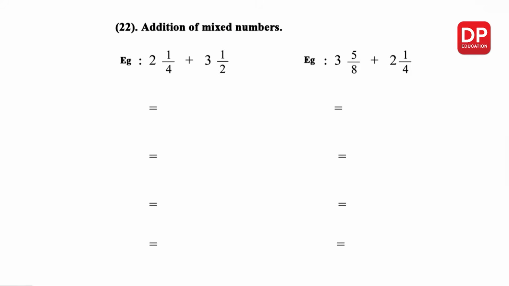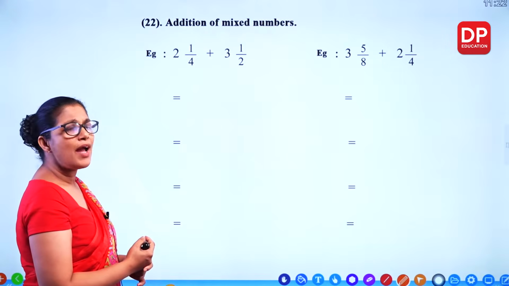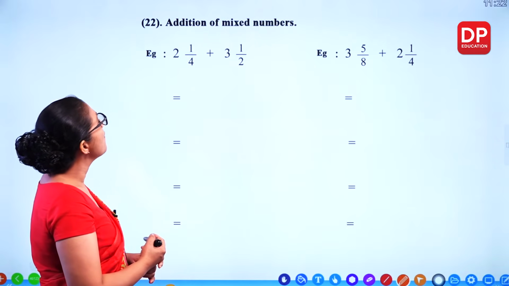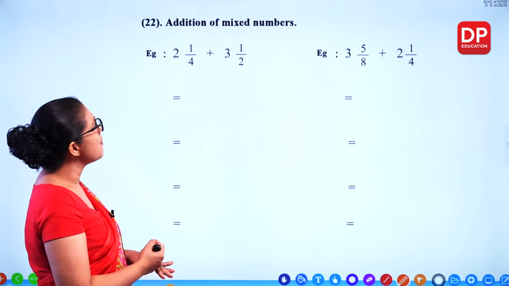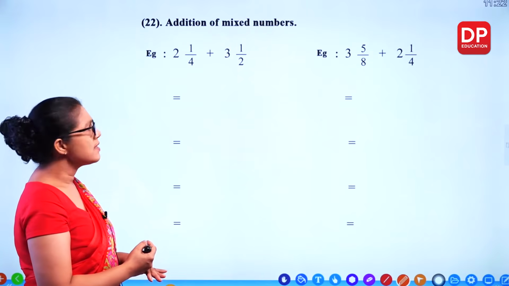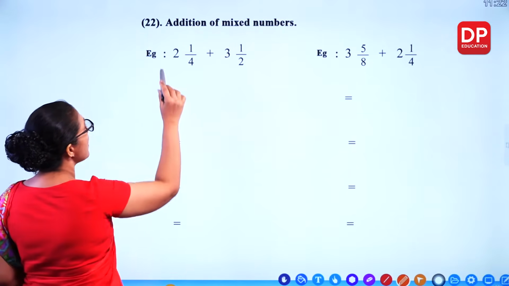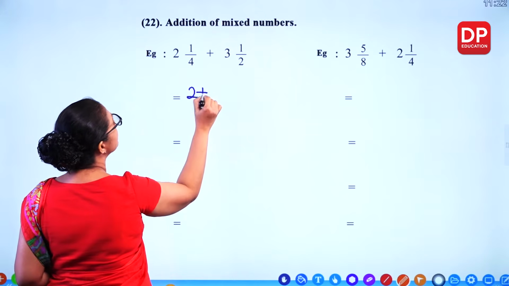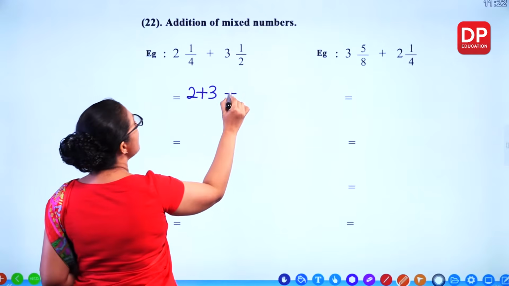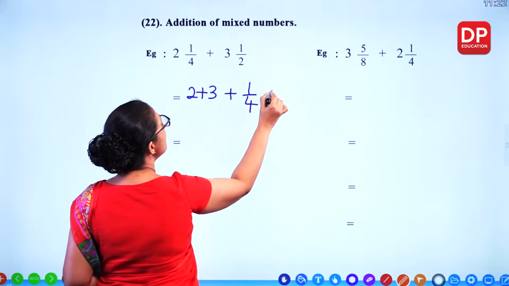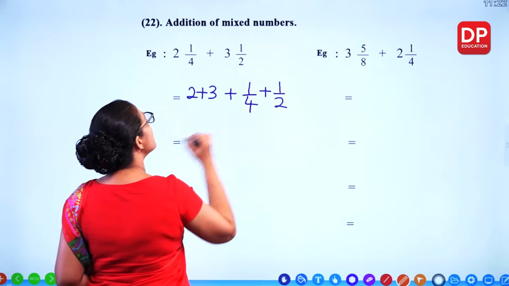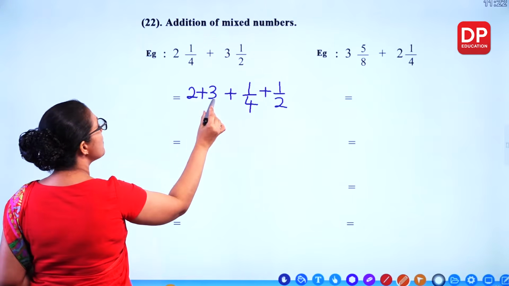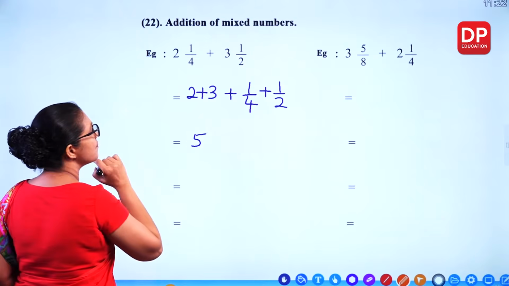Addition of mixed numbers. So how do we add mixed numbers? We can do whole numbers separately and the fractions separately. So I can do 2 plus 3 first, and then 1/4 and half separately. So what's 2 plus 3? You get 5.